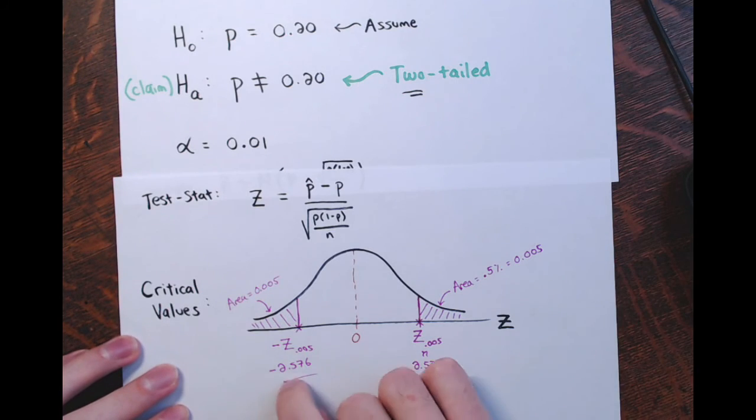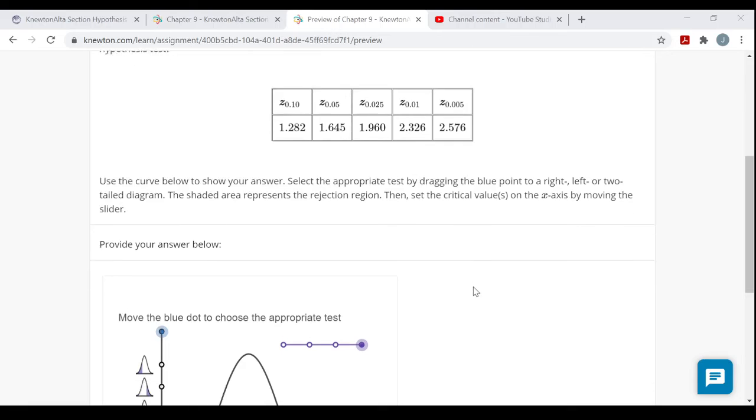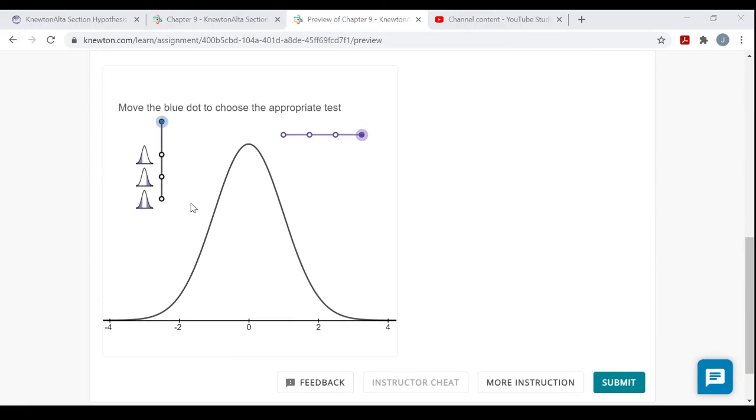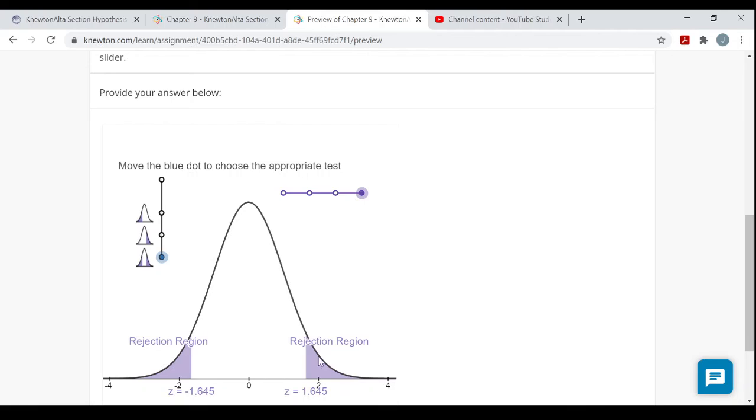But all we're asked, though, are what are these critical values? Now, we have to move this here. What kind of a test? Two-tailed. I want two rejection regions, like this. And then move this dot here. This is 1.645, basically when alpha is 10%.